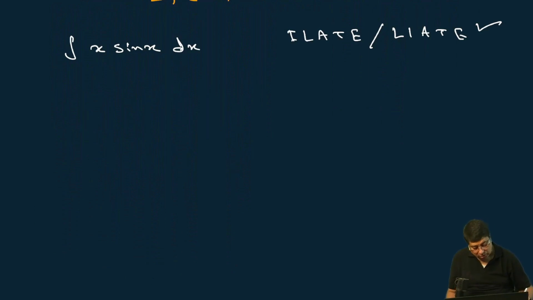Okay, so in this case, just see everybody, x is the algebraic function, and the algebraic function is above the trigonometric function in LIATE. Therefore, I am taking x as the first function and sin x as the second function.